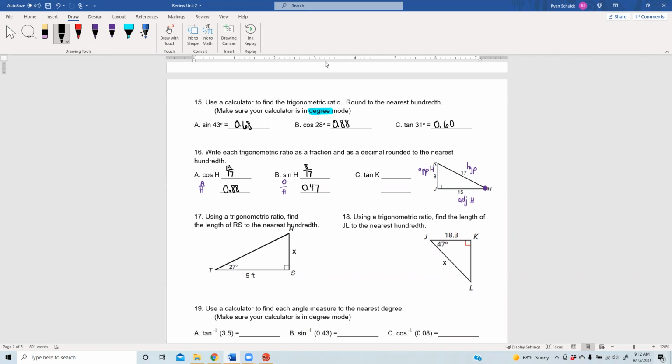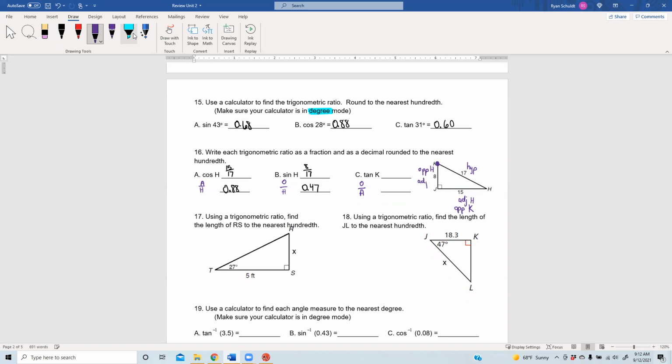And then they want the tangent of angle K. So now I'm going to go to K. I'm not at H anymore. Tangent, I need opposite over adjacent. So which one is opposite of K? That's going to be the 15.